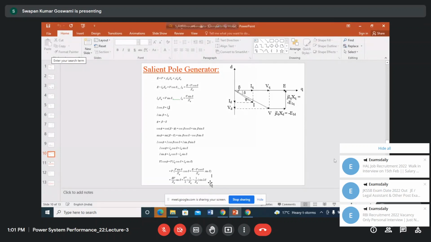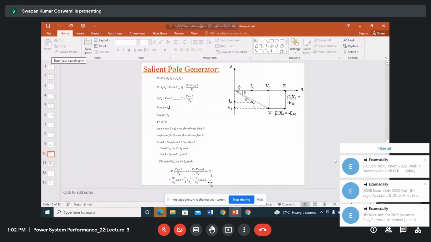Stiffness becoming higher means the machine is more tightly coupled with the system voltage, meaning the inherent stability of the salient pole machine is somewhat higher than the cylindrical rotor machine, but the extent of the stable zone is somewhat reduced. Okay, you cannot reach delta equal to 90 degrees during stable operating condition. It will be somewhat less. Otherwise the control is the same.